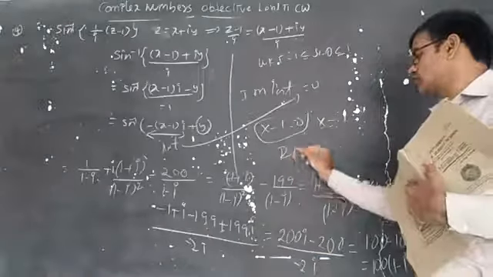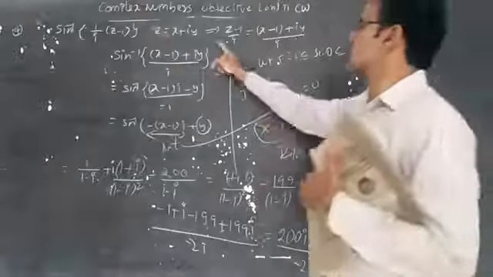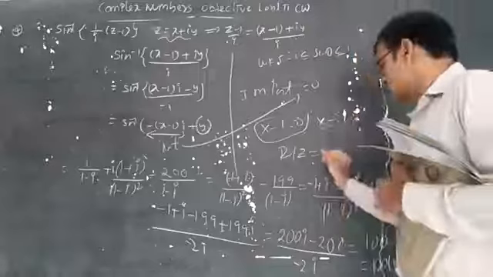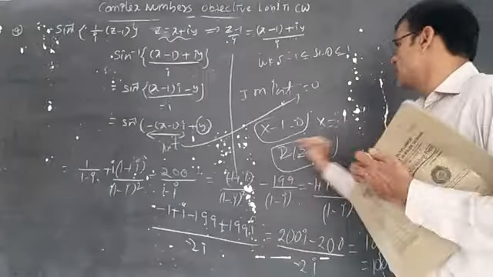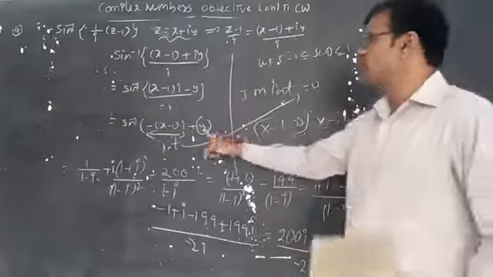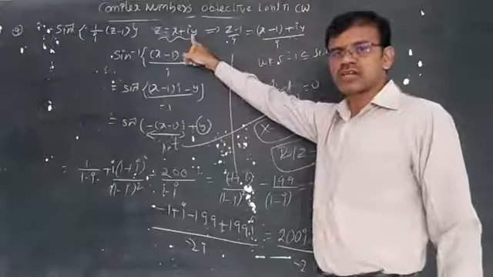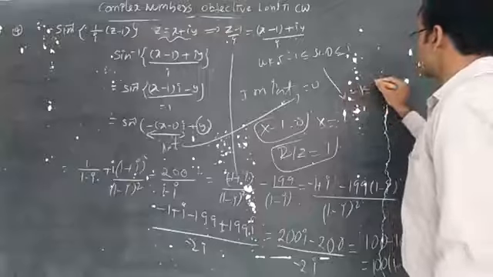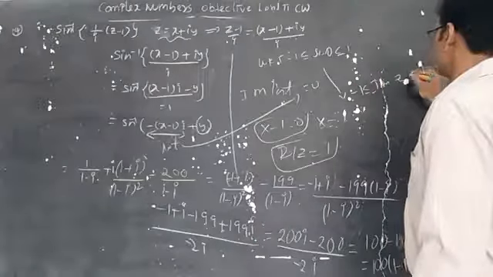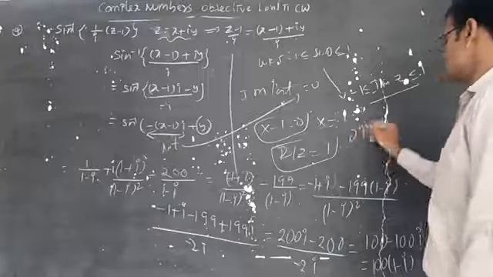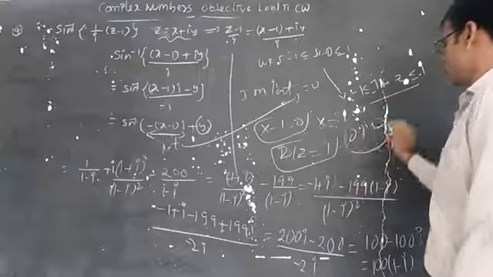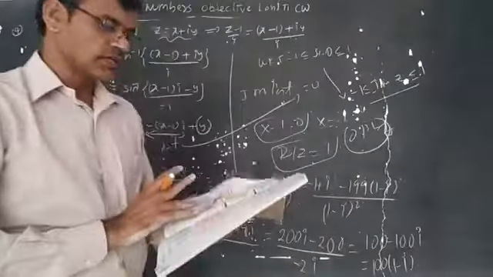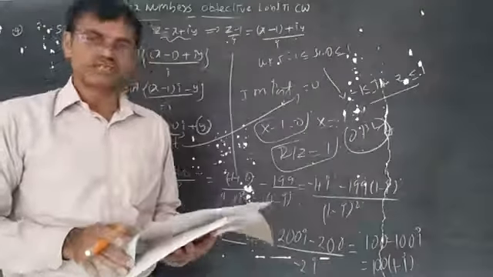Whenever x is 1, z is the complex number x plus iy, so real z is equal to 1. Y is the imaginary part, so minus 1 less than or equal to imaginary z, meaning y, less than or equal to 1. So option 2 is verified. Okay students, the remaining sums of level 2 class 1 we can discuss in the next class.